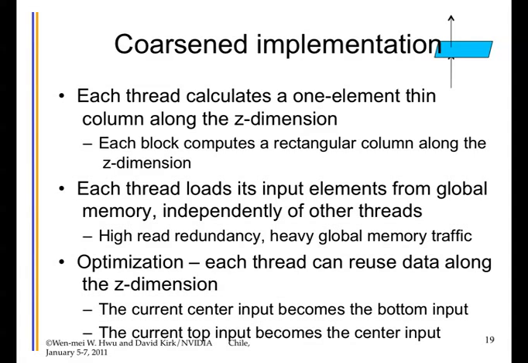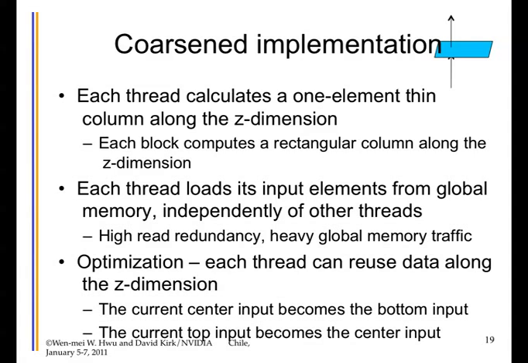Why is this good? Remember, when you calculate a lattice value, you'll be using your neighbors' values. If you use the same thread to calculate all the elements along the z dimension, let's say you start with the first one. That first one is going to use 3 values.